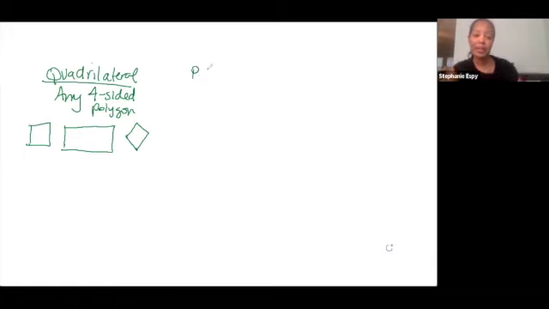The parallelogram, both sides are parallel and equal in length and at a slant. So this will be a parallelogram where these 2 sides are parallel and then these 2 sides are parallel.